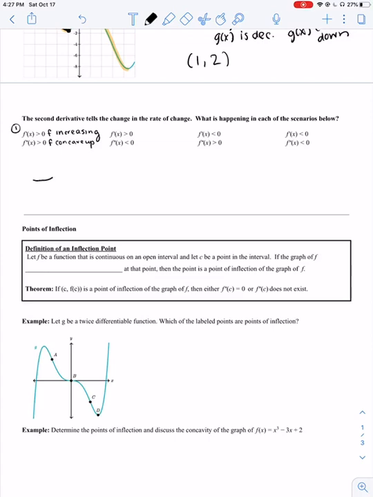This is kind of what that would look like. What's going on here is that we're increasing slowly at first and then faster. So f is increasing at an increasing rate.